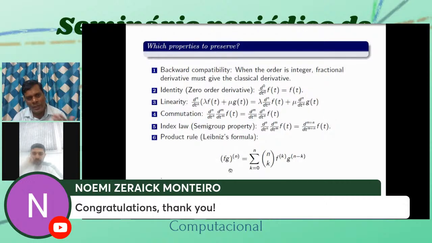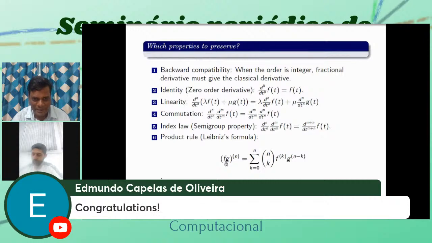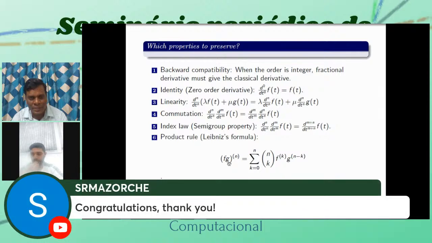But for the Leibniz rule defined for the Riemann-Liouville derivative as well as the Caputo derivative, we cannot commute the order of f and g. So when we define the formula for f into g, it does not generate the same type of formula for g into f, in the case of the Riemann-Liouville derivative as well as the Caputo derivative.